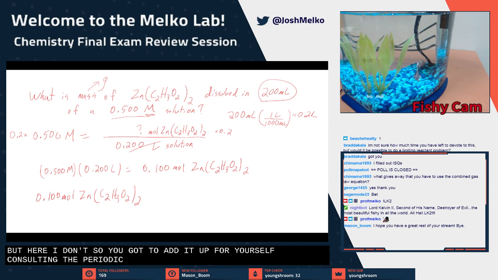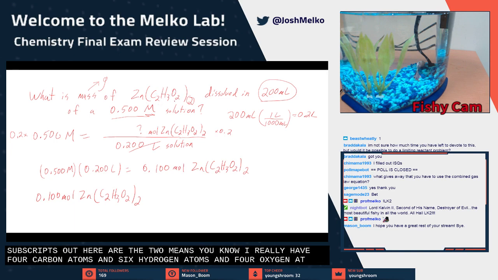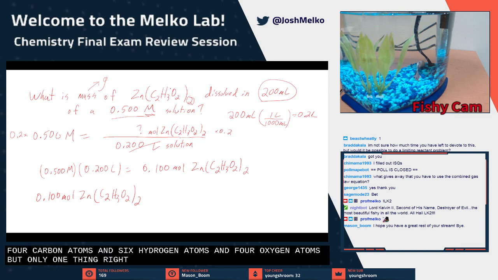Consulting the periodic table, just don't forget about these subscripts. The 2 means I really have 4 carbon atoms and 6 hydrogen atoms and 4 oxygen atoms, but only 1 zinc, right? That 2 only distributes inside the parentheses.